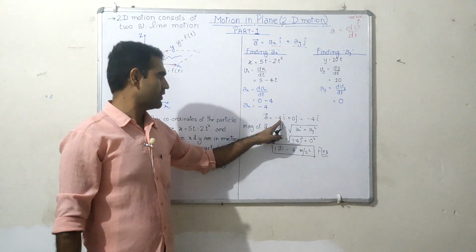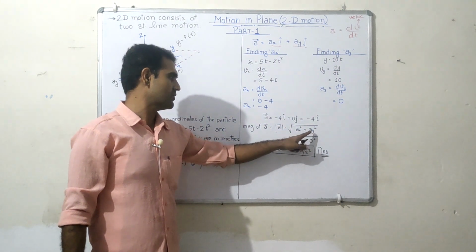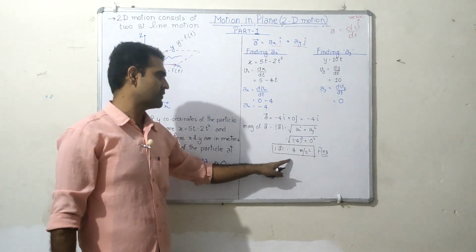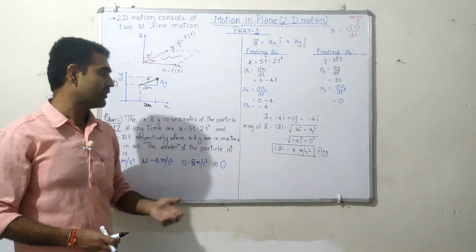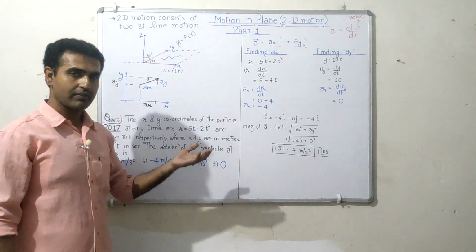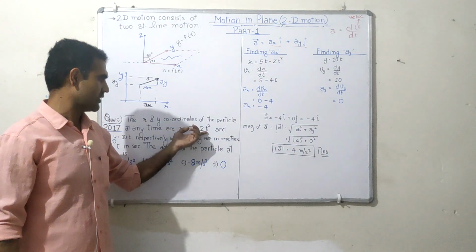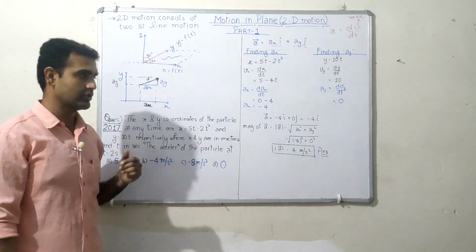So the x coordinate of the acceleration is minus 4 and the y coordinate is 0. Solving it gives us 4 meter per second square. This is the total magnitude of the acceleration of the particle moving on the xy plane, with x having this equation of motion and y having this equation of motion.